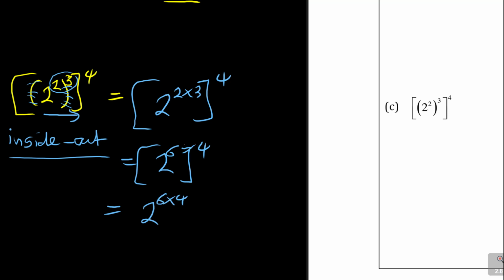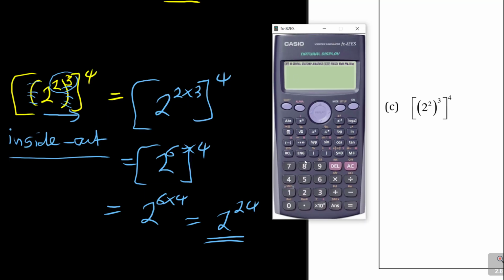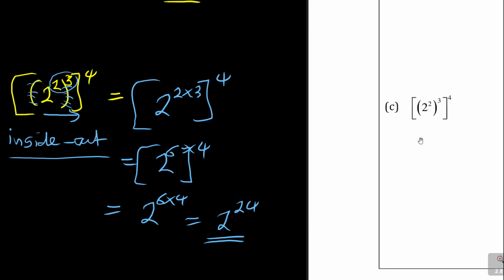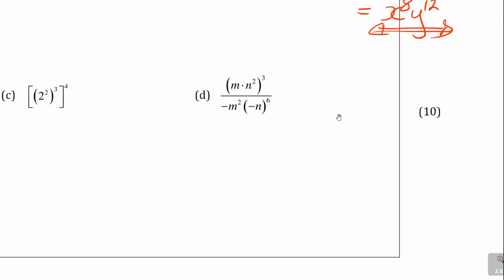You apply now this bracket. 6 times 4 is what? It's 24. Then if you try that, 2 to the exponent 24, remember that big number? There it is. Alright, interesting, but don't get fooled on that one.